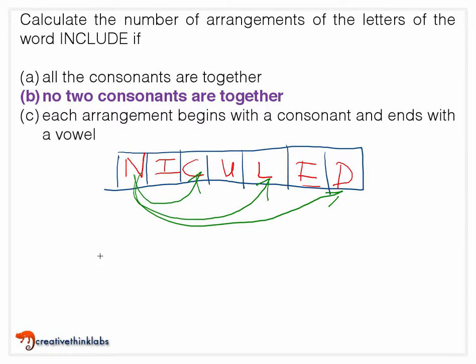So each letter in its position can be permuted. Now there are 4 consonants, so this can be permuted in 4 factorial, and then I can permute the remaining vowels in 3 factorial. So this will give me an answer of 144.